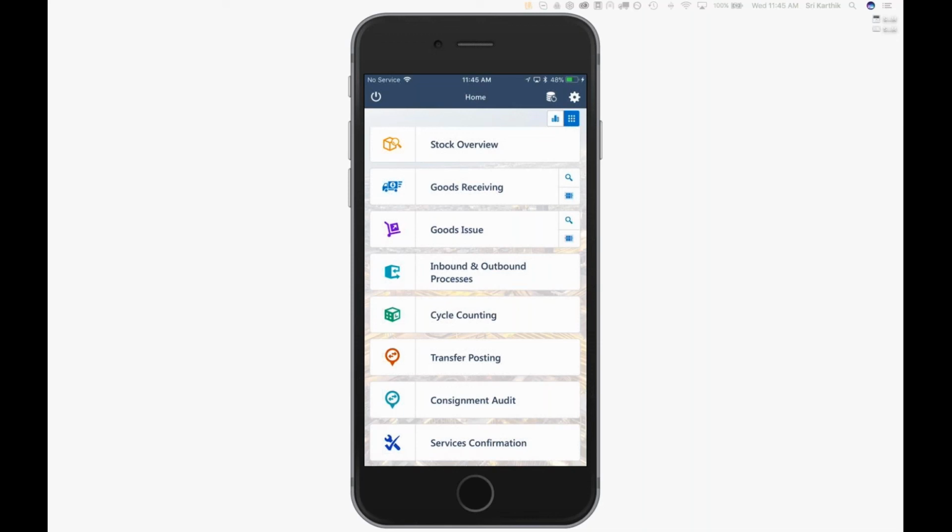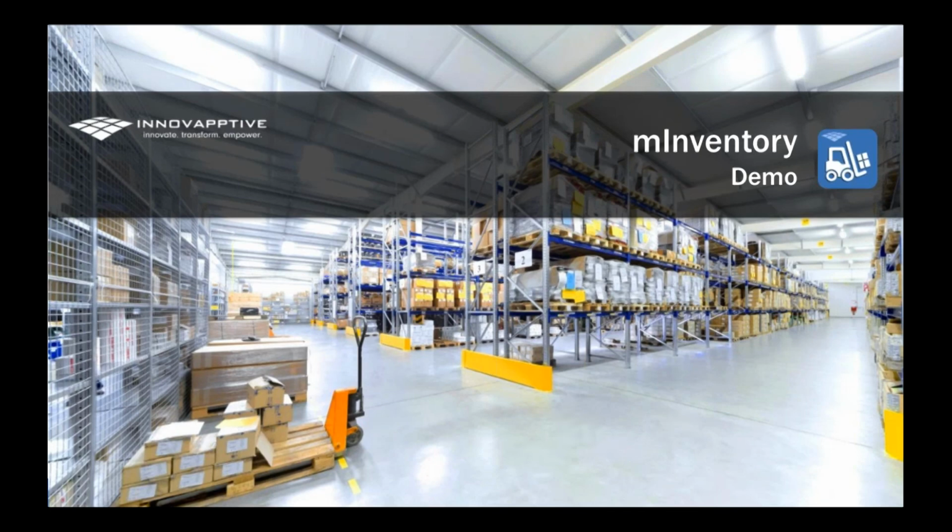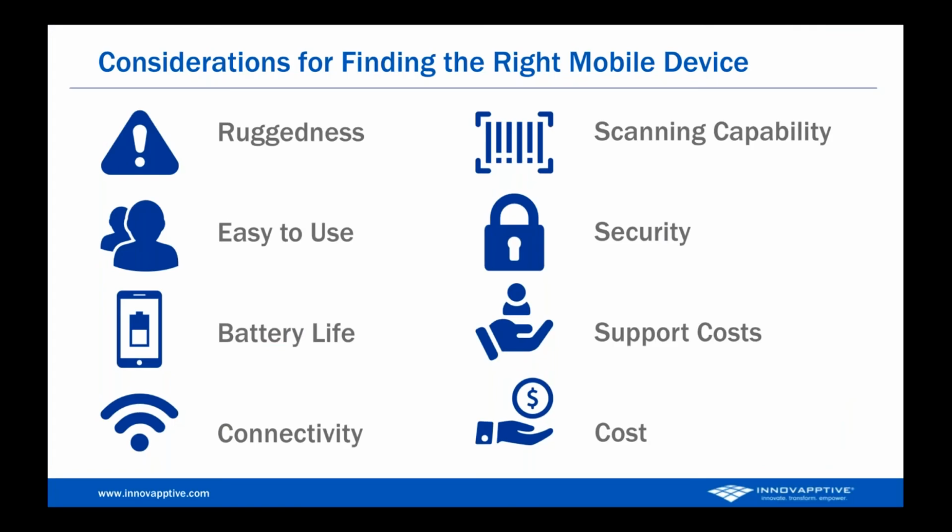So I hope the demo gave you a good overview on what to expect from a modern mobile operating system and an application that's actually running on iOS in this case, but the user experience on Android is the same. So when you train users, they don't typically see a big difference across different platforms or operating systems, right?